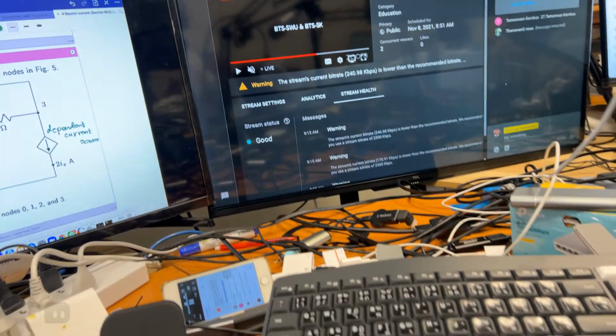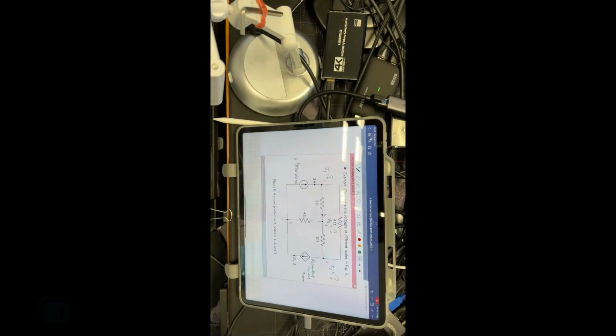That's what we have to do here too. They have assigned the 0 node as the main one, as the reference node or the ground node. So that's the case we are gonna do.